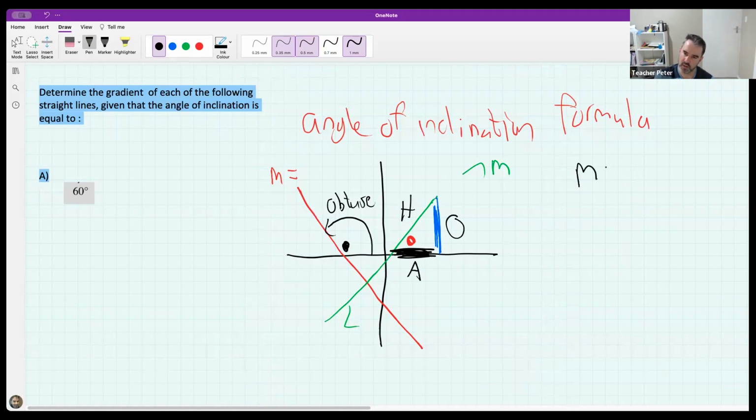So we know that the gradient would just be like the blue thing over the black thing over here, the change in y with the change in x. But there's another way of thinking about this. This is trigonometry, yes. And what is the trig ratio for O over A?